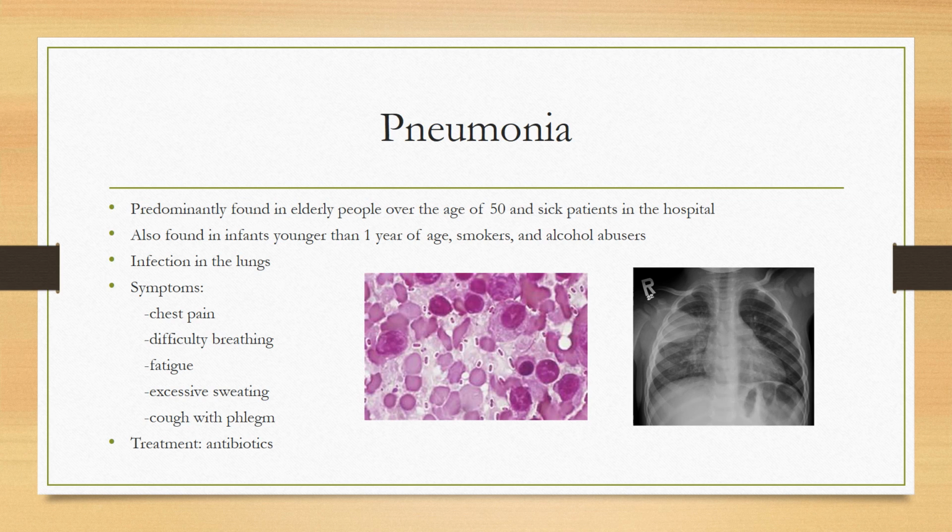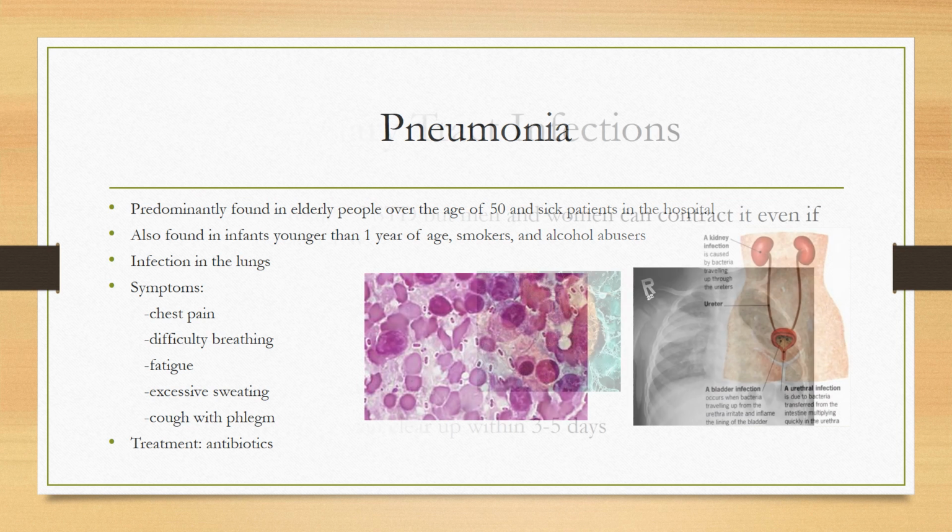This is because all those people found in the category have very weak immune systems and can contract pneumonia very easily. It is an infection of the lungs as seen in the x-ray image to the right. Symptoms do include chest pain, difficulty breathing, fatigue, excessive sweating, and cough with phlegm. It can be treated through antibiotics.